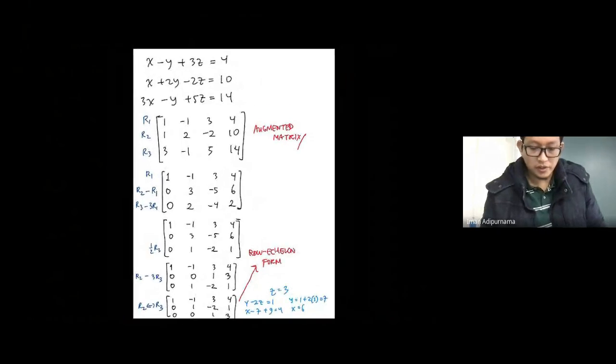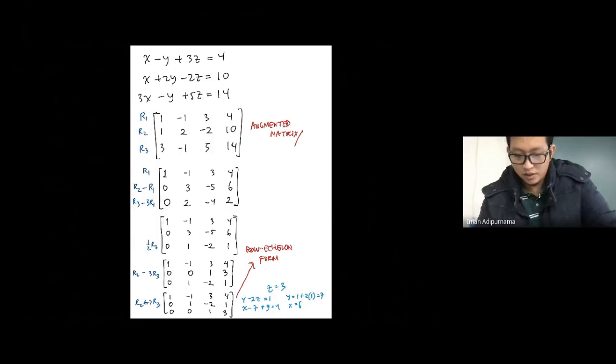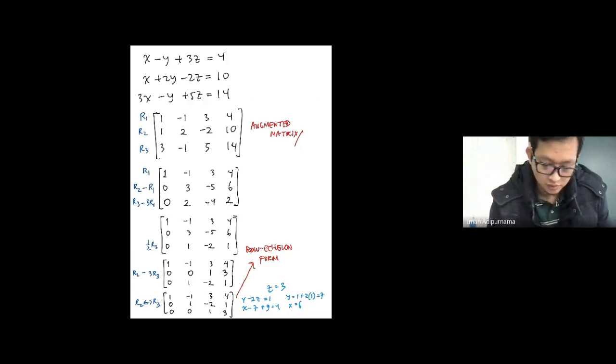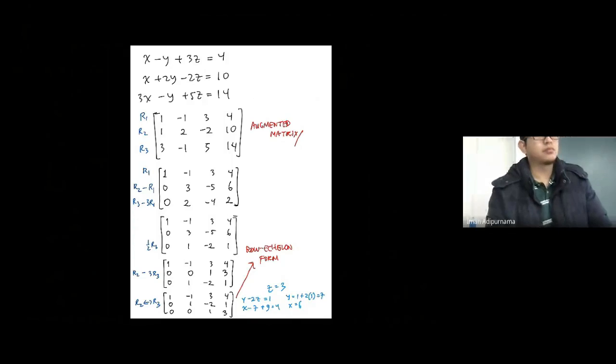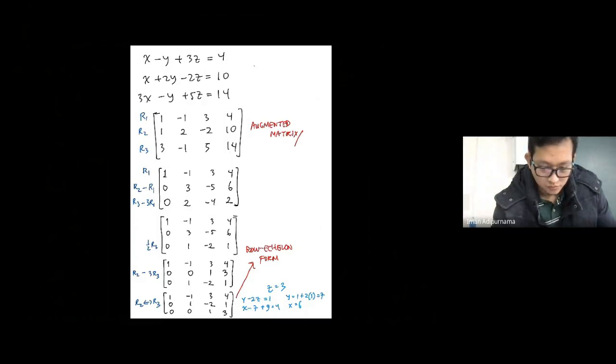The whole set of operations is called row elementary operations.